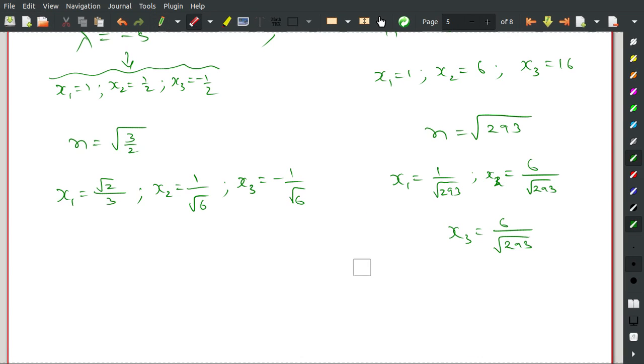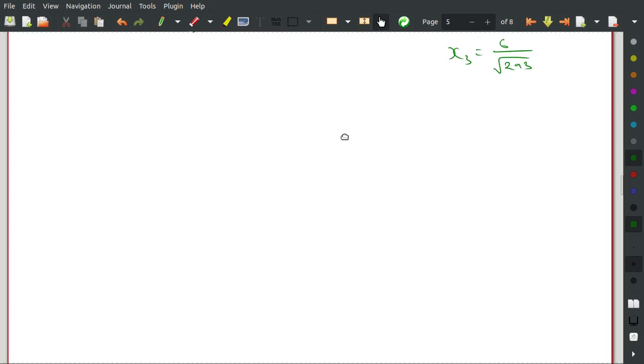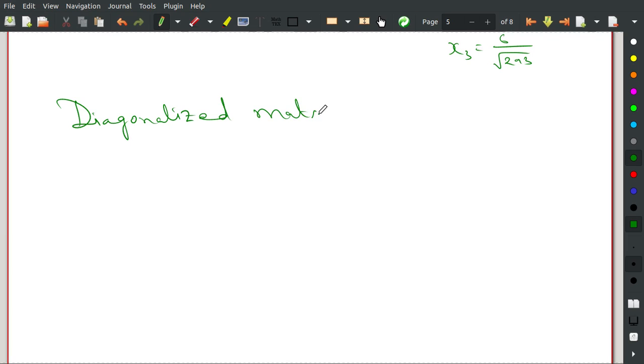So finally we also have to discuss the diagonalization matrix, matrix D, right? So this diagonal matrix is nothing but D equals lambda 1, lambda 2, lambda 3 on the diagonal and 0 elsewhere.